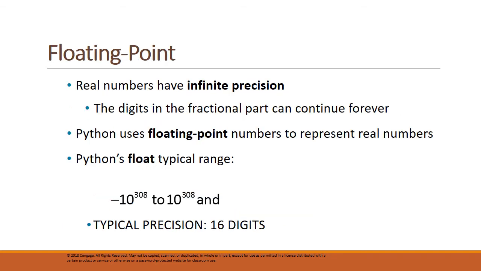Real numbers have infinite precision. The digits in the fractional part can continue forever. Python uses floating point numbers to represent real numbers. Python float typical range is -10 to the 308 to 10 to the 308, and the typical precision is 16 digits.